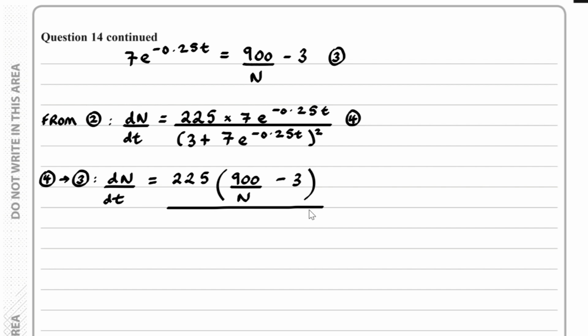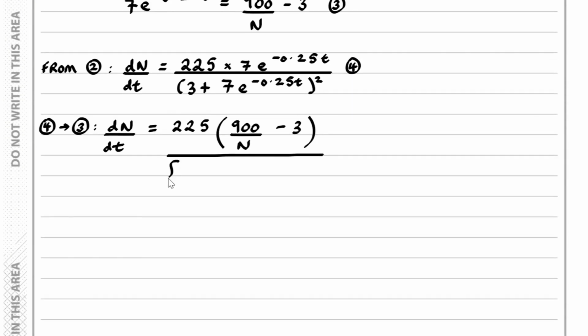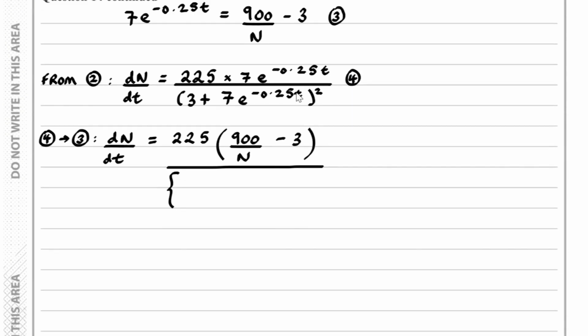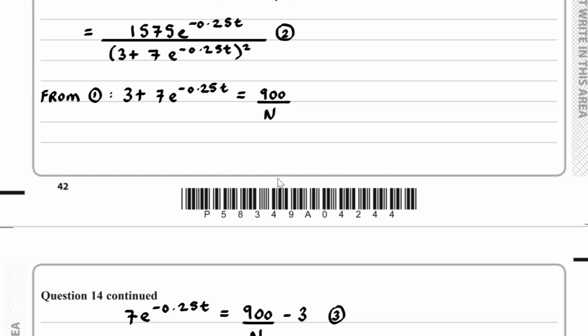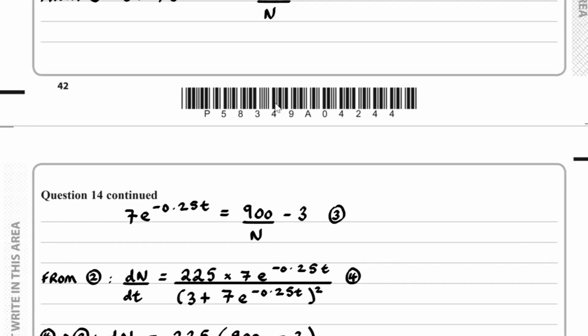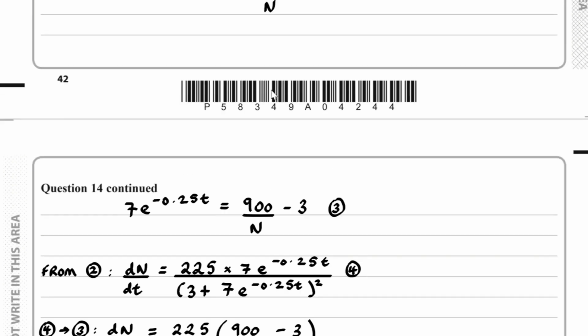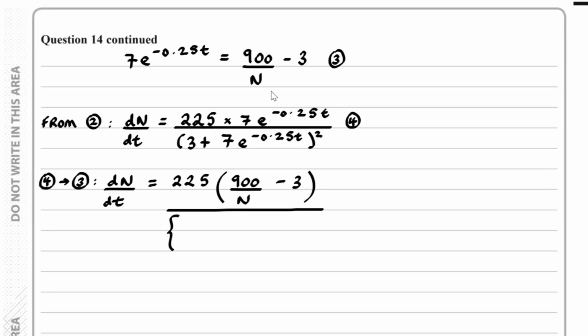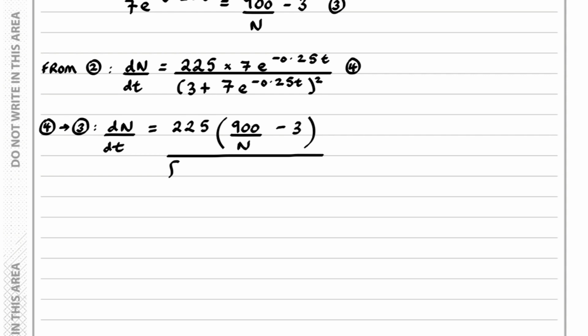And then I divide this by 3 plus 7e to the minus 0.25t squared. Now that result is what I have over here, that's 900 over n, so I divide this by 900 over n squared. So now I need to tidy all of this up somehow.